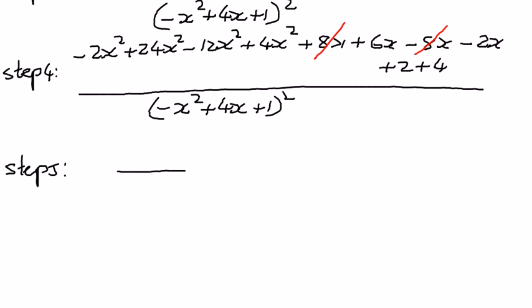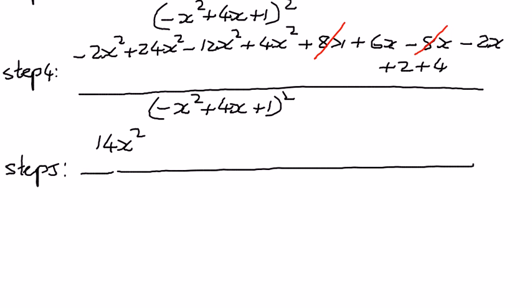In here, we're going to combine these like terms. Negative 2x squared plus 24x squared is plus 22x squared. 22x squared plus 4x squared is going to be equal to 26x squared. 26x squared minus 12x squared is going to be equal to 14x squared.